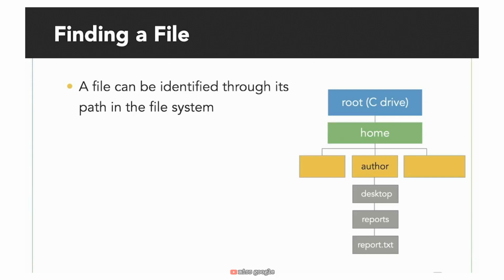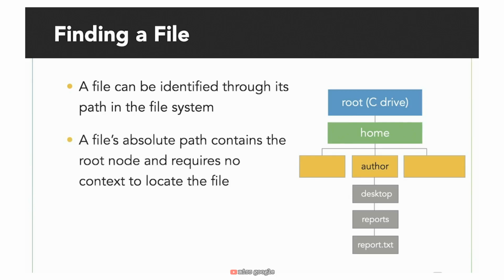With this example file system, the path of the report.txt file is the C drive, home, author, desktop, reports, and the file name. Specifically, this is its absolute path. It contains the root node, the C drive, and has all of the information needed to locate the file on the computer. No context or relative location is required.